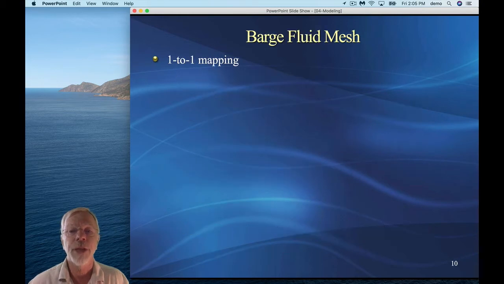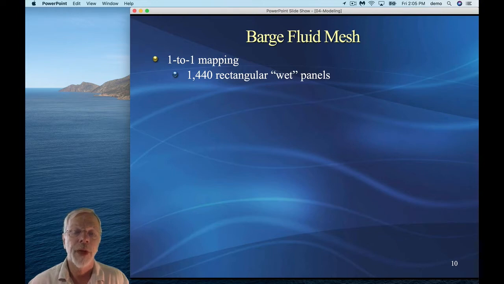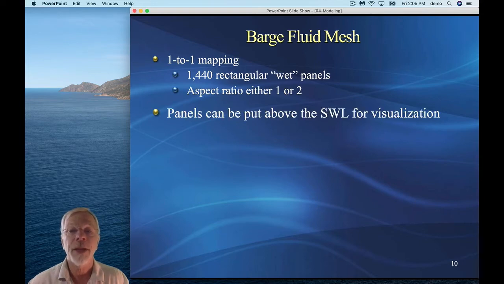For the barge fluid mesh, we used a 1-to-1 mapping with the structural members. That left us with 1,440 rectangular wet panels, again with an aspect ratio of either 1 or 2. Panels can be put above the still water line for visualization purposes, but the program ignores them.